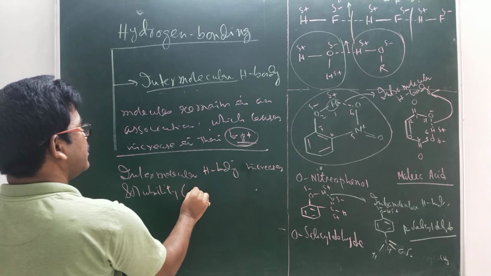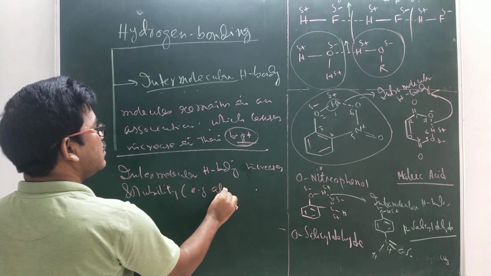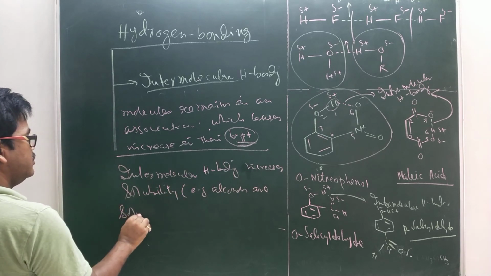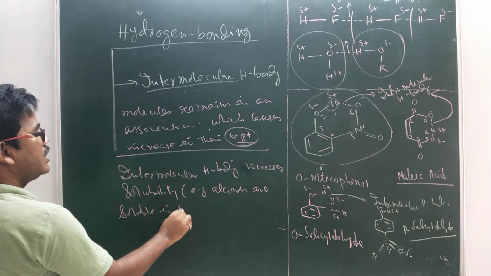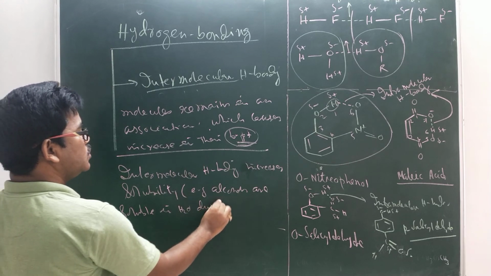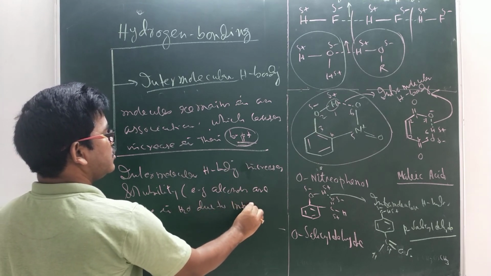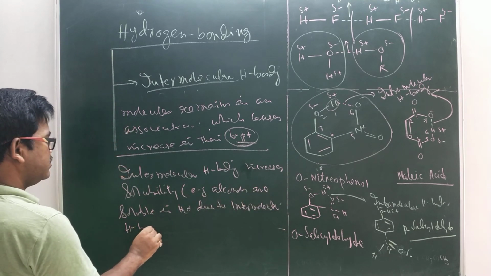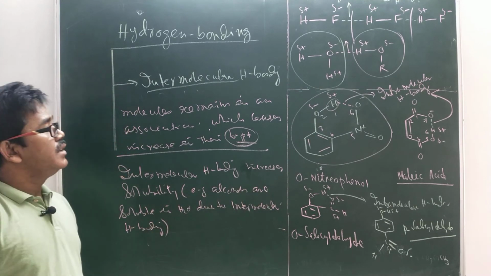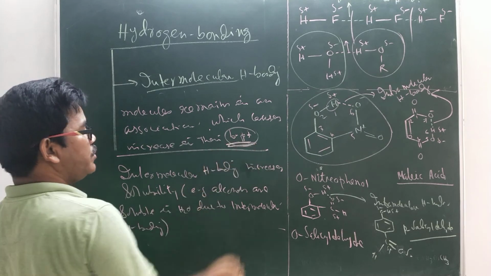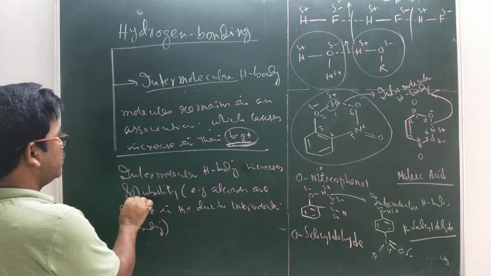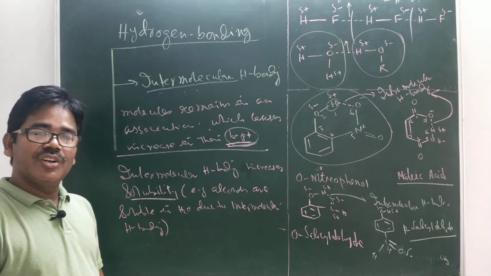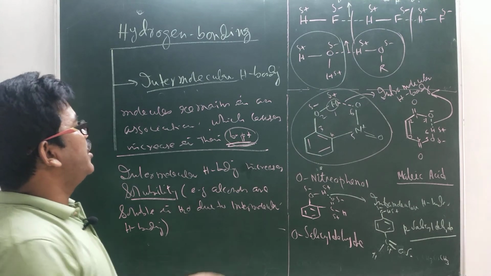For example, alcohols are soluble in water due to intermolecular hydrogen bonding. Clear? One point is it increases boiling point, second point is it increases solubility. Sure? One more point.